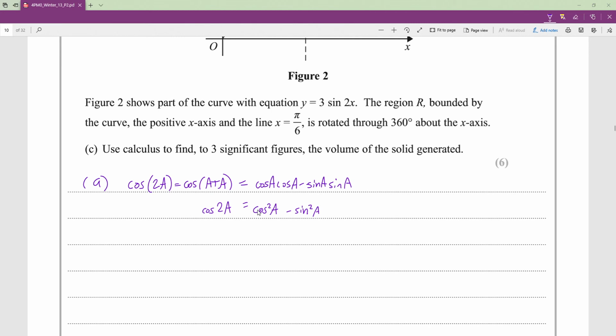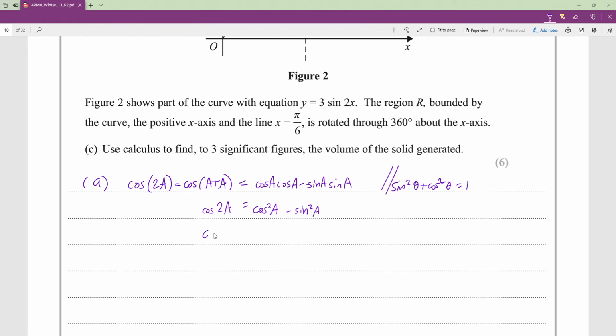Well, we can actually use the Pythagorean trig identity, that sin squared theta plus cos squared theta is equal to 1, to substitute 1 minus sin squared a for cos squared a.